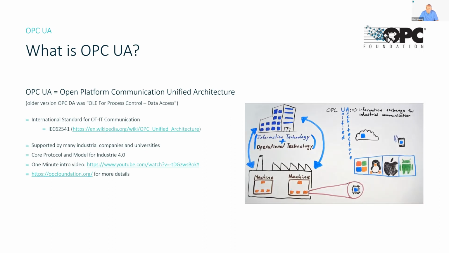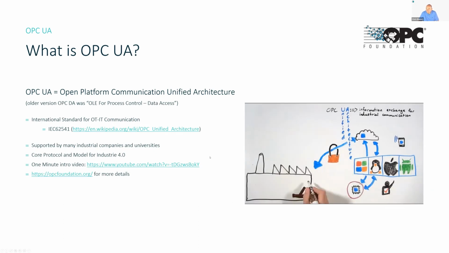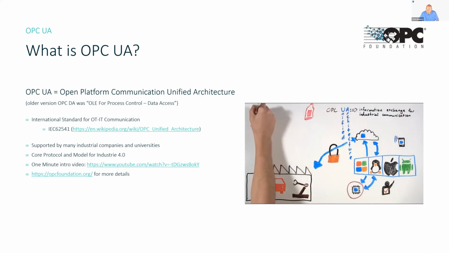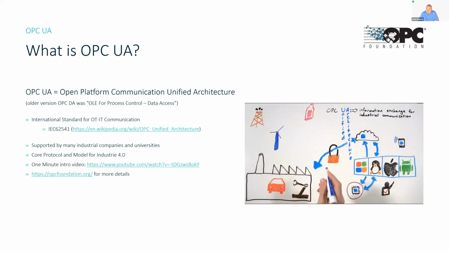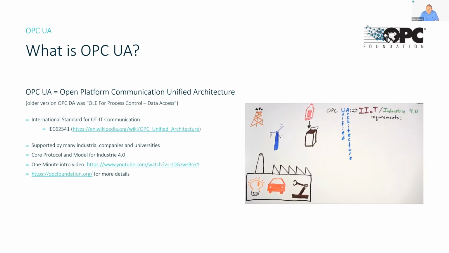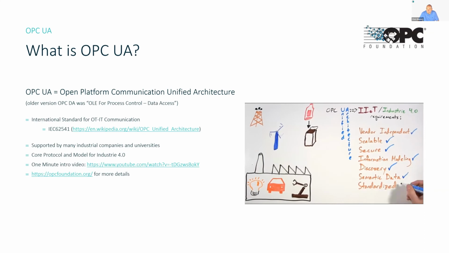OPC UA is equally suited in a closed network or utilized via the internet. Don't worry though, security is baked into the protocol for access control, authentication, and encryption. Because of its flexibility, OPC UA has been widely adopted in industries like automotive, food and beverage, oil and gas, energy and utilities, packaging, building automation, and so on. So, as manufacturing moves to the industrial Internet of Things Industry 4.0 realm, OPC UA is already poised to fulfill requirements.